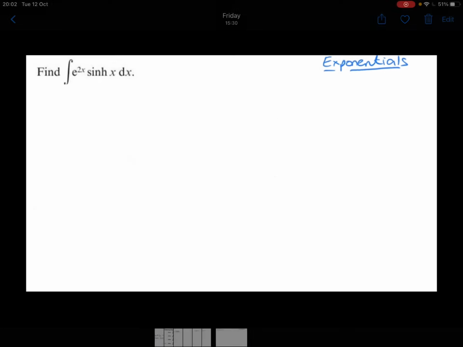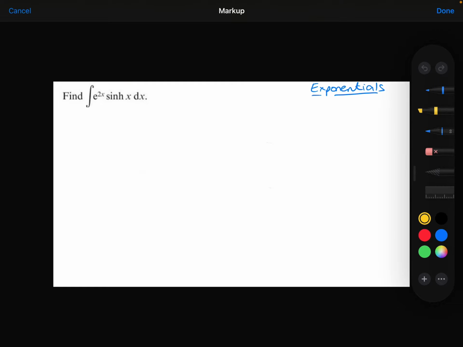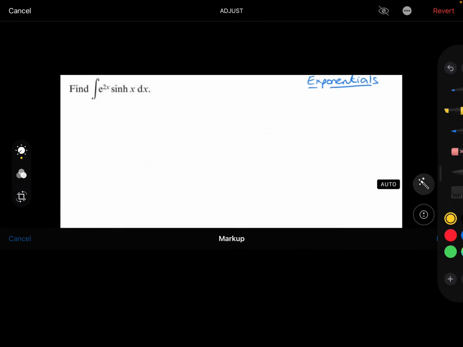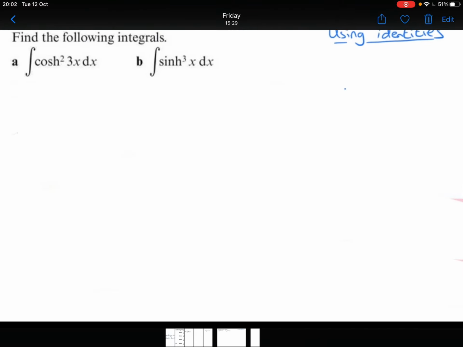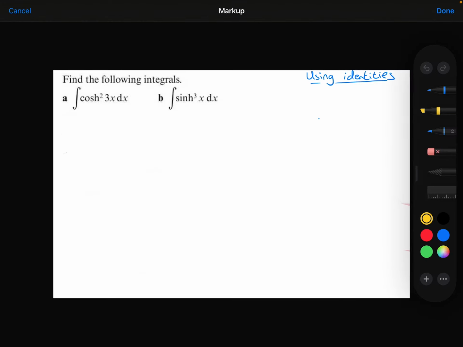So let me just summarise those techniques that we've seen in this video. If you have exponentials involved, then use the exponential form of the hyperbolic function. If we have a sinh cubed or a cosh cubed, then split it up into sinh squared times sinh, and then use the identities to rewrite the sinh squared so that you can spot a derivative.